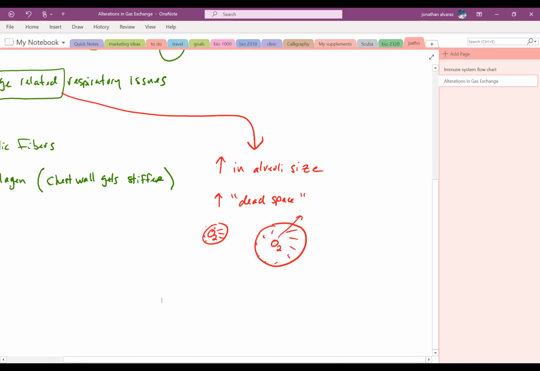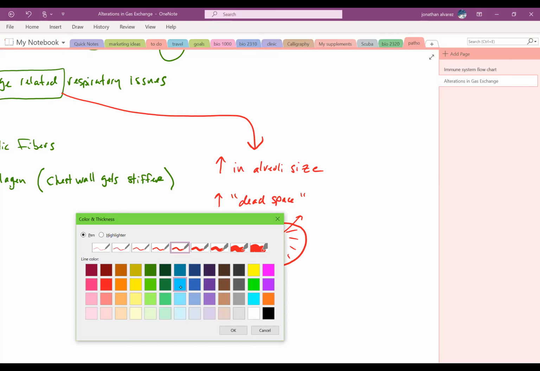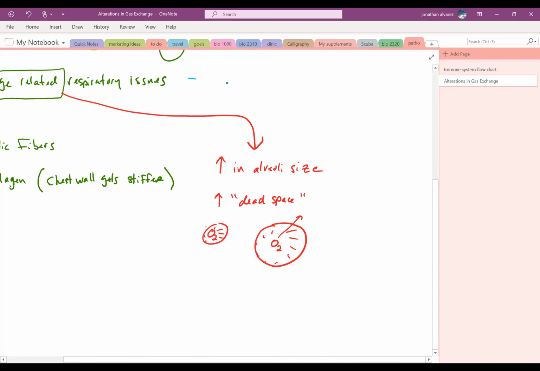And then they will have an increase in mucus. Okay.